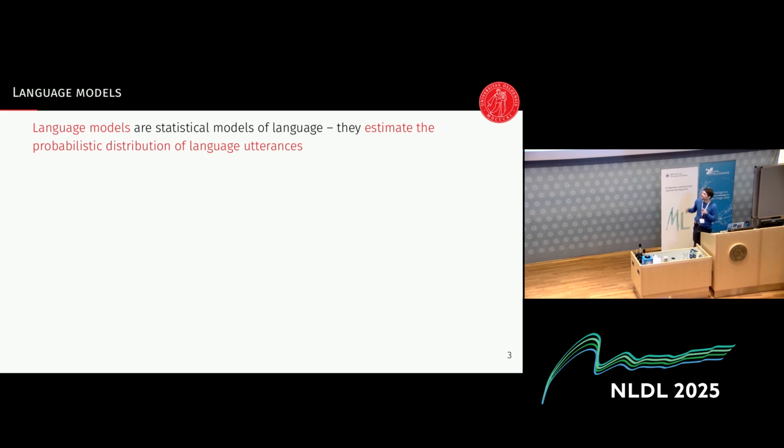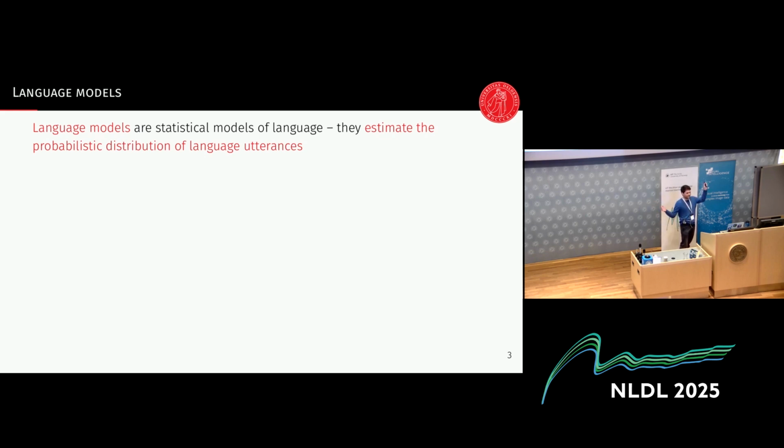And we estimate these probabilities by having a look at a very large corpus. This corpus is typically a collection of books or newspapers, transcriptions of movies, and nowadays typically corpora are also big collections of web pages scraped from the internet.